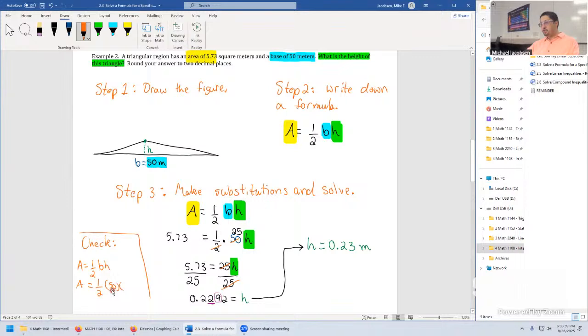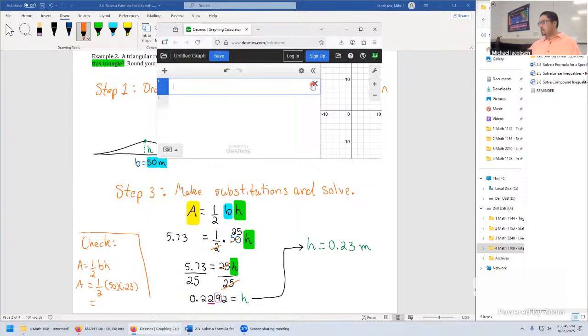I'll drop the unit and just do 50 and 0.23. Let's put that in the calculator. So I want 1/2 times 50 times 0.23. It comes out as 5.75.